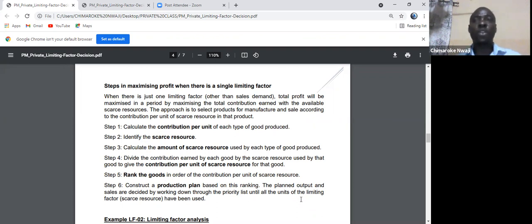So what is contribution per unit? In our marginal costing class, we learned that contribution is important, and contribution is simply your sales minus your variable costs. So contribution per unit is your selling price minus your variable cost per unit. That gives you contribution per unit.